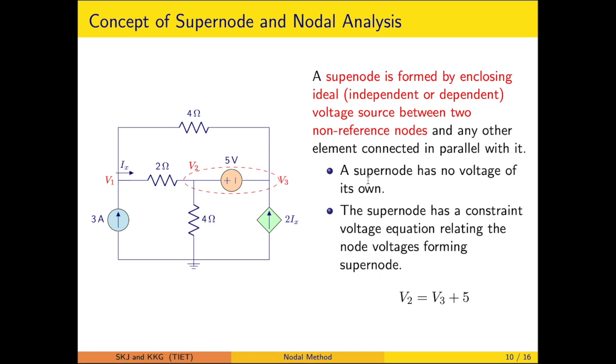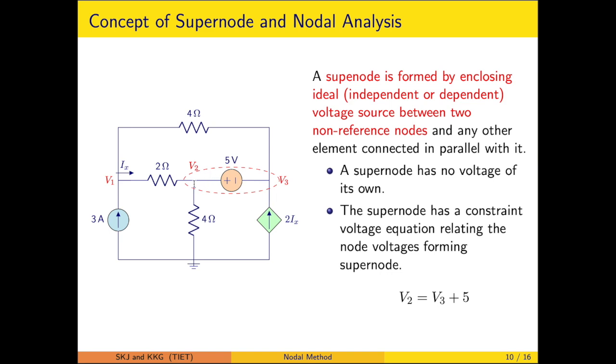So now we are dealing with nodal analysis as such. When we say supernode, it sounds like it has to have an unknown voltage, but that is not the case. This is not having any voltage on its own, so that is to be clarified. We still have to deal with V2 and V3 in this case, or you can say the previously assigned node voltages.